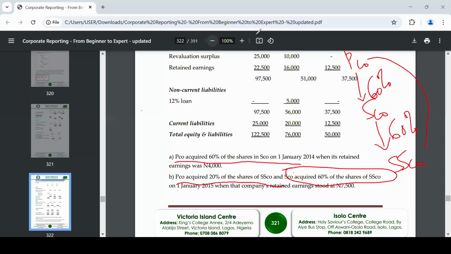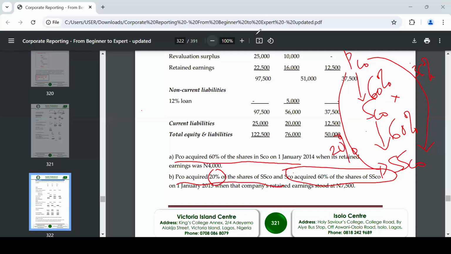Now, this is the indirect interest: 60% multiplied by 60%, giving 36%. However, they also bought 20% of the shares in SSCO. So this is not so much of a big deal. We dealt with it last week. You can always go back to the video and to the note as well. I said the note is explanatory enough if we take our time and look at it.